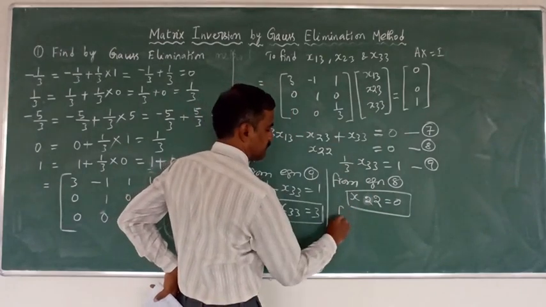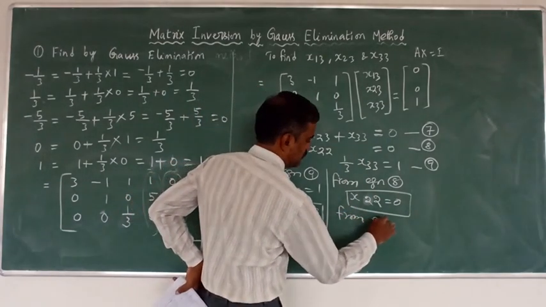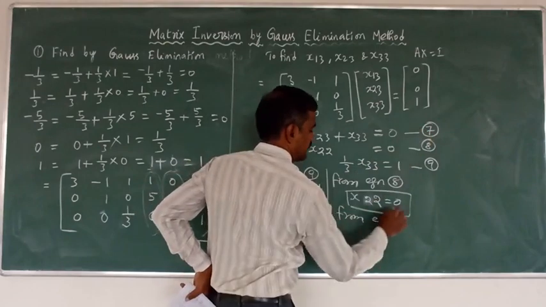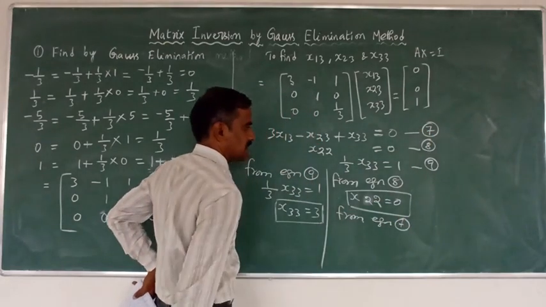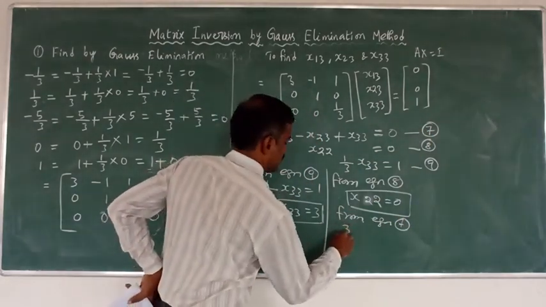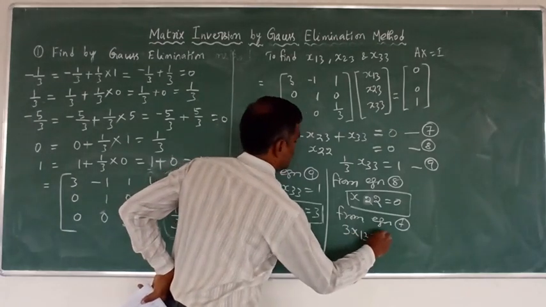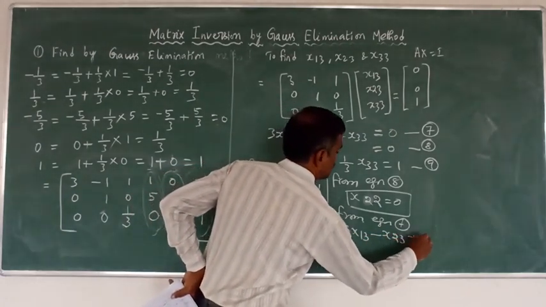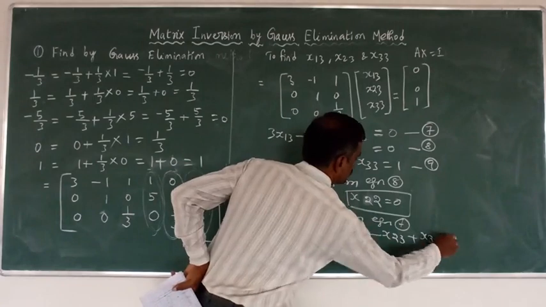Next, from equation 7, 3 x13 minus x23 plus x33 equal to 0.